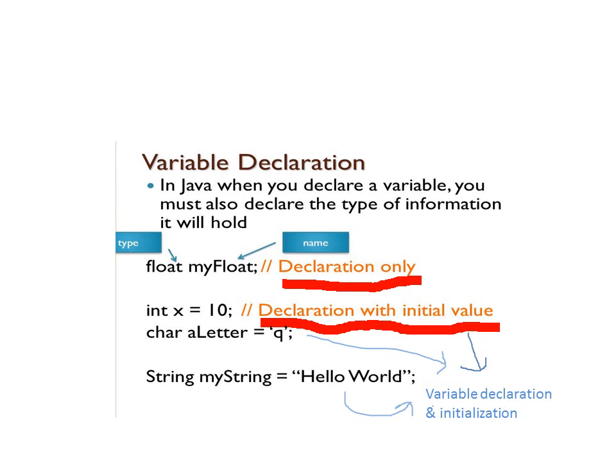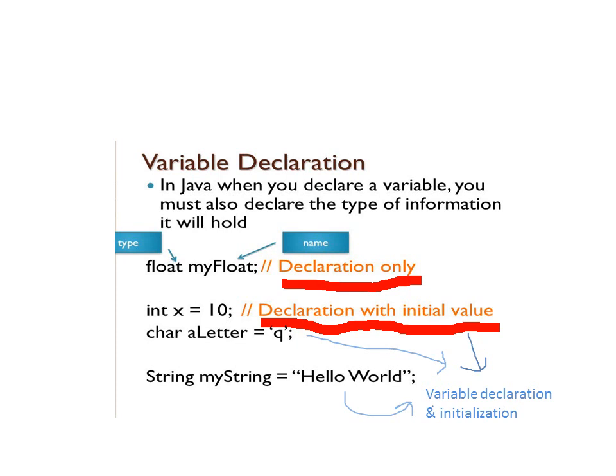And what is the meaning of the term variable declaration and initialization? The next statement is an example of variable declaration and initialization. Here, x is a variable of integer type and it is given the initial value, or the starting value, as 10.